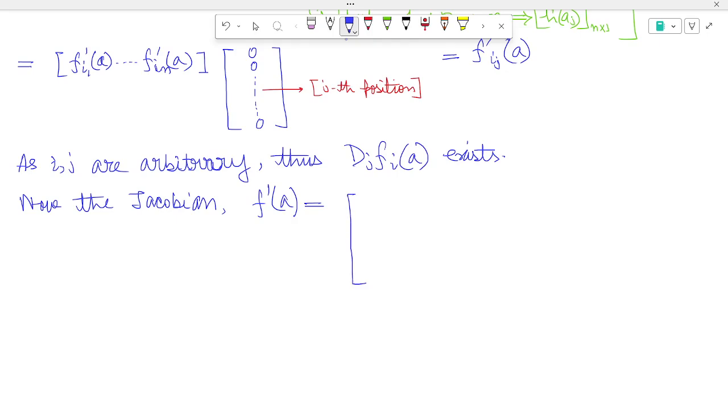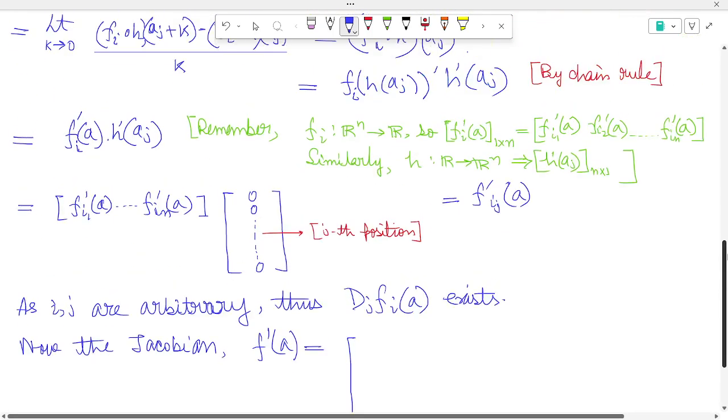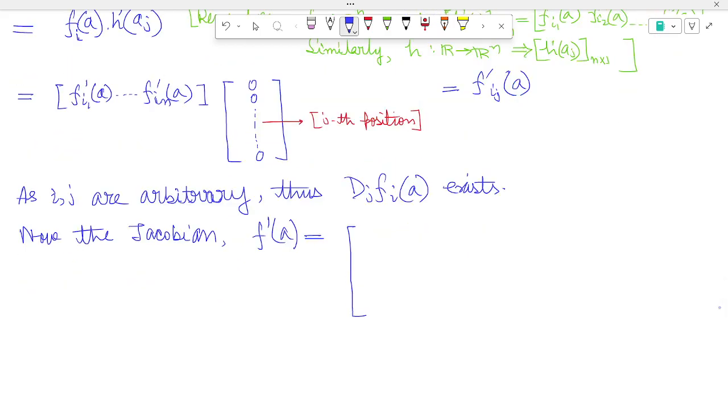So there will be, according to my notation, f1 dash a, f1 2 dash a, dot, f1 n dash a.